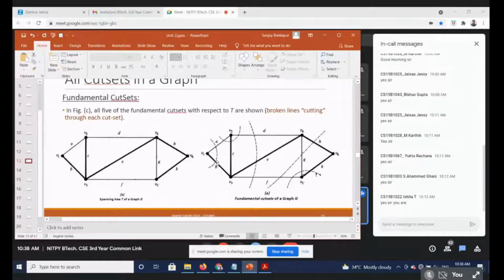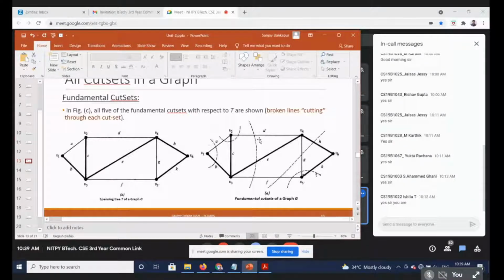If you see this cut set, it has 2 edges, A and B. A is a chord to the tree. B is a branch with respect to the tree. And yes, it divides the given graph into two components. So this cut set becomes a fundamental cut set.